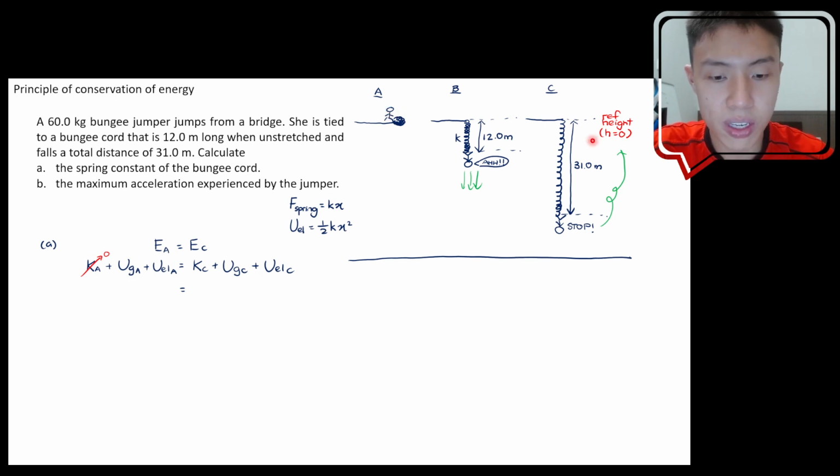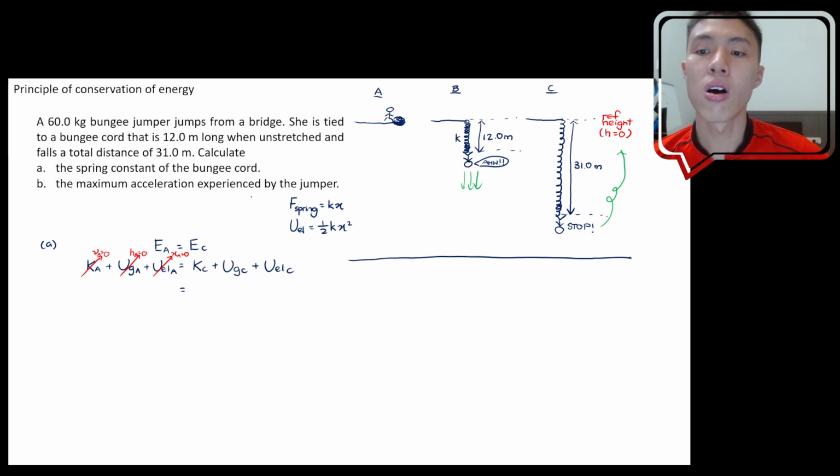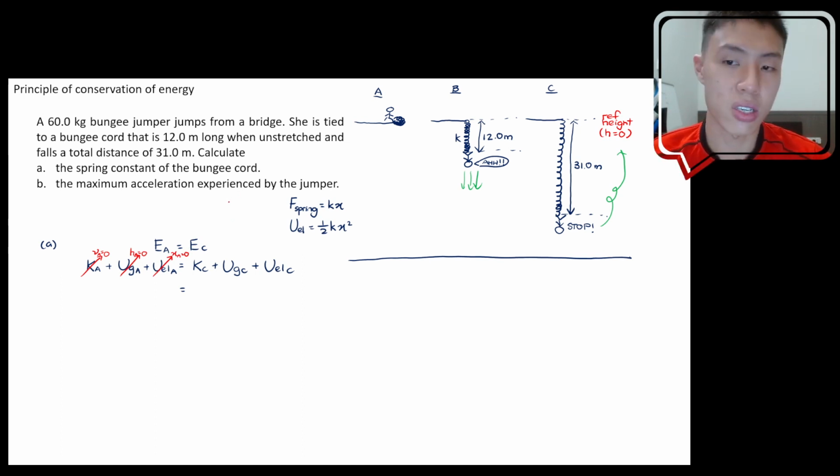So your height will be equal to 0 here. So if your height is equal to 0, your gravitational potential energy will be equal to 0. This is because h_A is equal to 0. Whereas your spring is unstretched, so your x_A is equal to 0. So therefore, all three energies at the initial position A are equal to 0.